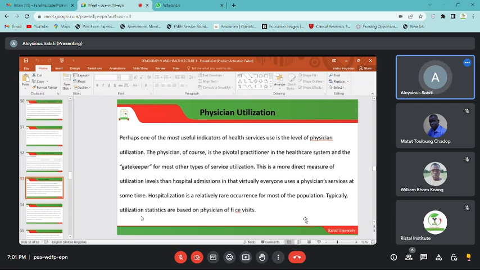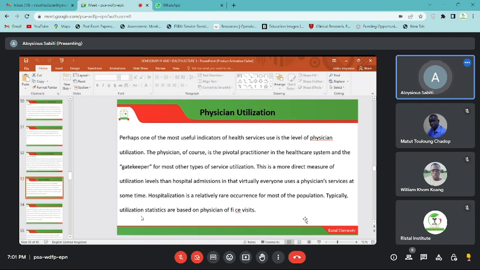The physician is the pivotal practitioner in the healthcare system. Some people call them clinicians. They are placed at the outpatient department, which is the triage, the first entry point for any client.